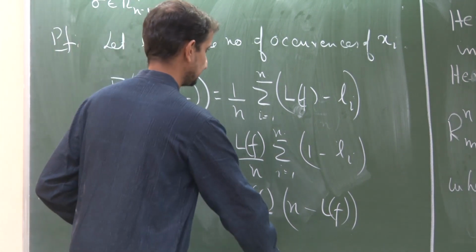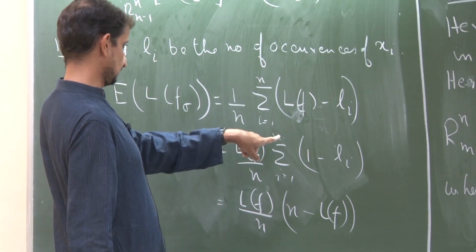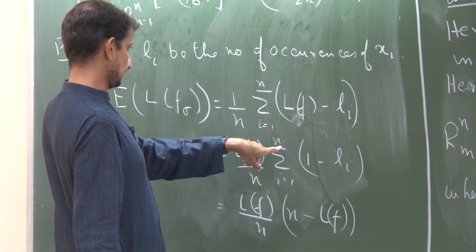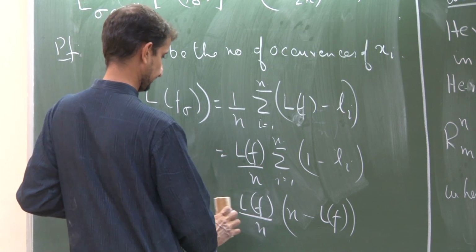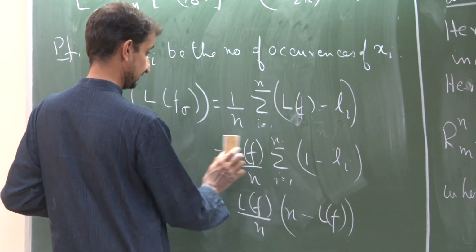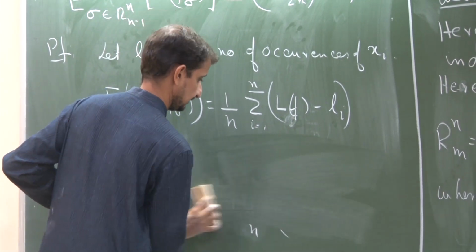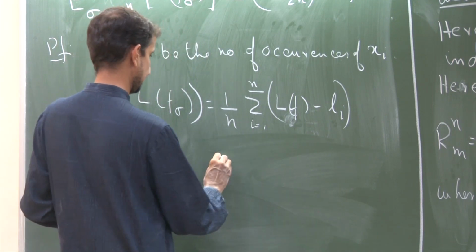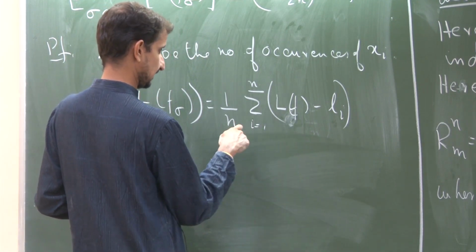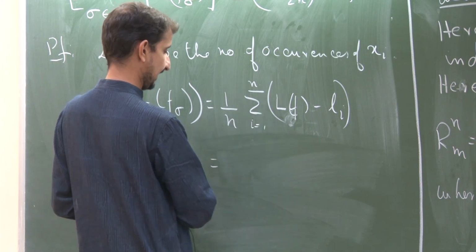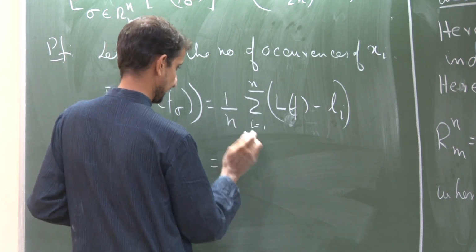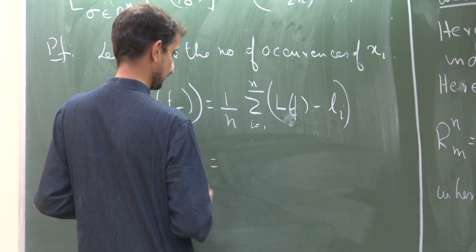Oh no. So, yeah, this was not correct. I cannot take that. If I take this outside, it would be n times LF. So, I have this 1 by n outside.